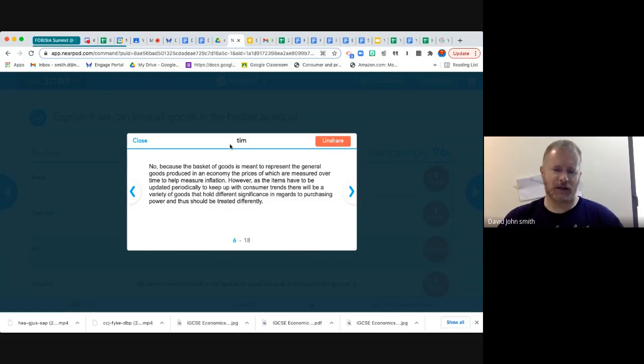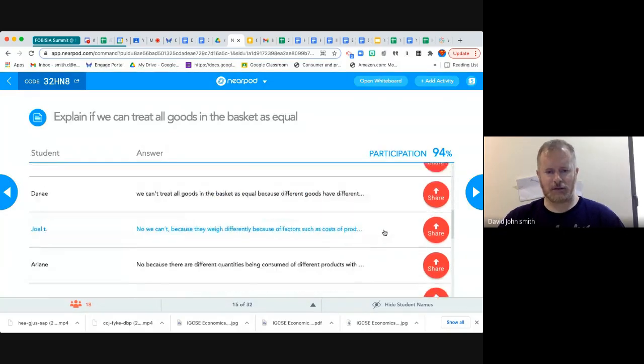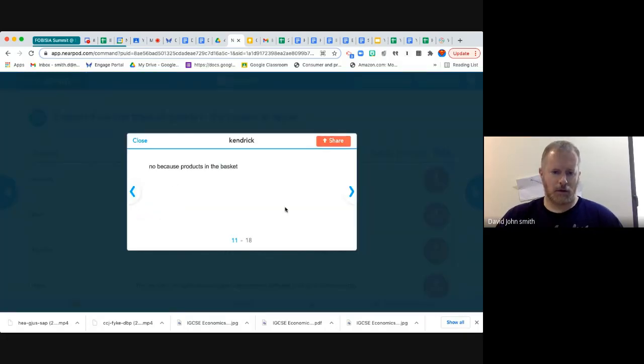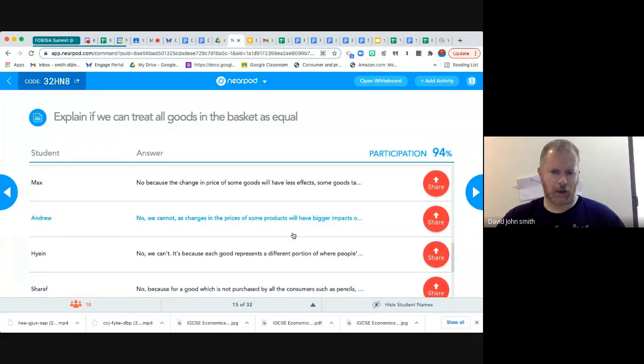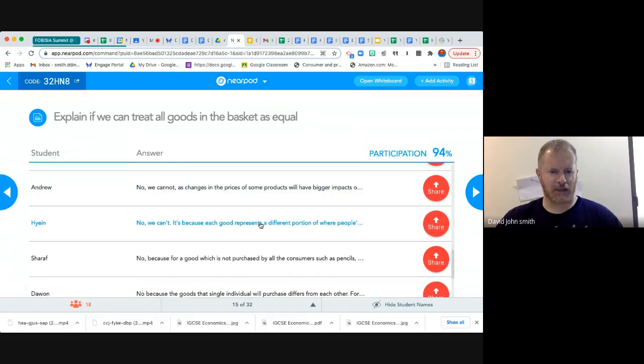So yes, you can make that as an argument as well. It's a slightly different argument to the idea that they are just different in your consumption. So what you consume is different based on how much you consume of it, or how big an impact it has, or how big a proportion of your income it takes up.